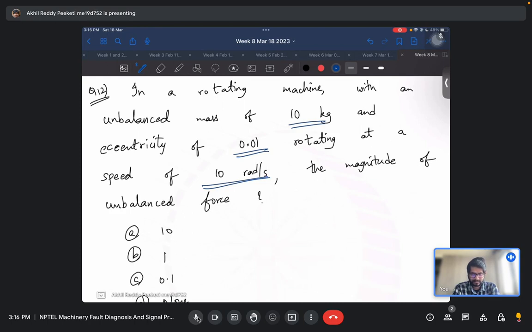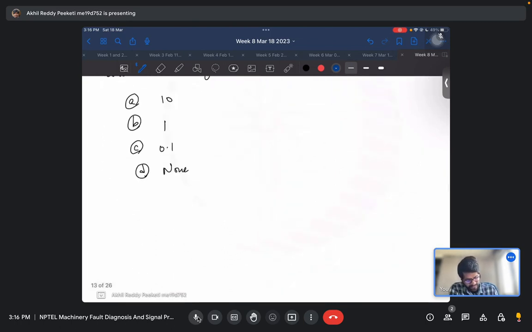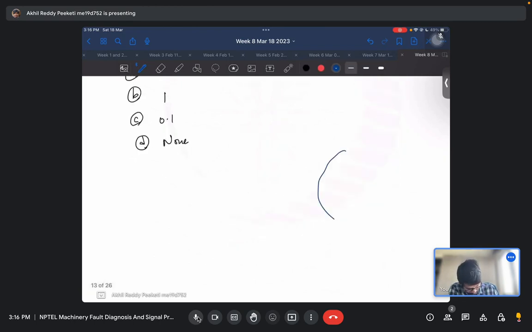And what kind of force does an eccentricity create in rotating machines, axial or radial? It creates radial forces. So if there is any eccentricity, let's take a cylinder or a disc.